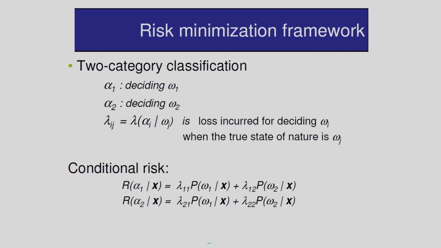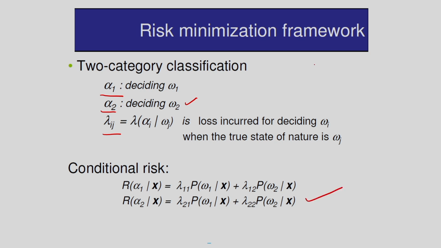So for two category classification, suppose I am considering the action alpha 1 corresponding to the class W1, and alpha 2 corresponding to the class W2, and based on this I can define the loss function. So loss function is lambda ij. That means action alpha i I am considering for the class Wj, and from this we can determine the conditional risks.